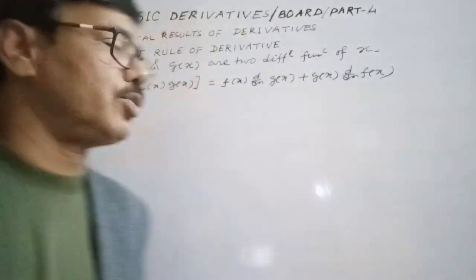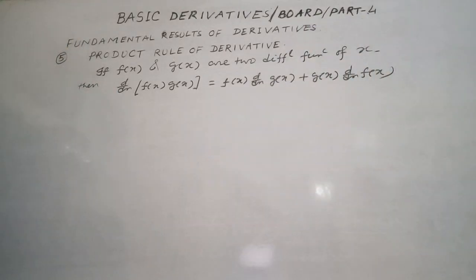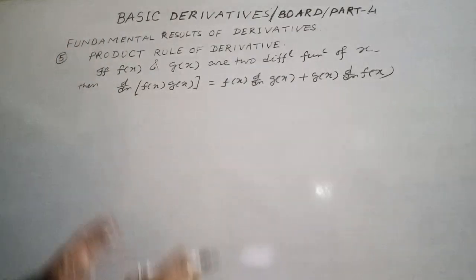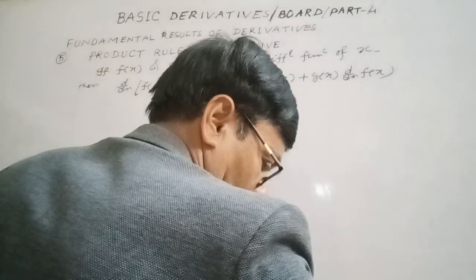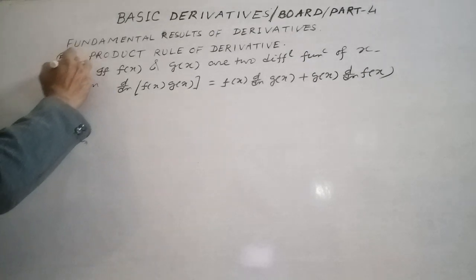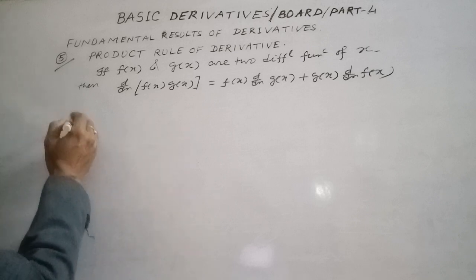First function unchanged, derivative of the second, plus second function unchanged, derivative of the first. If there are two functions, we can perform the product rule of derivative.